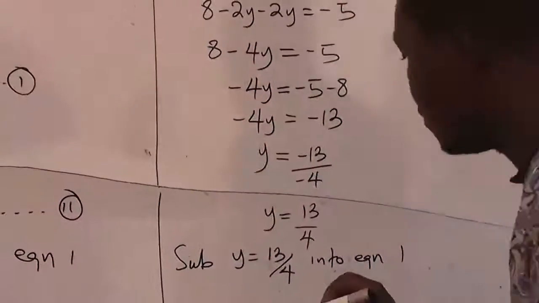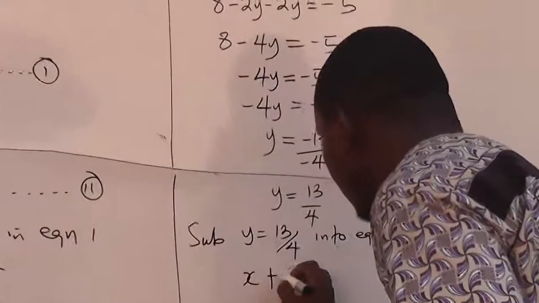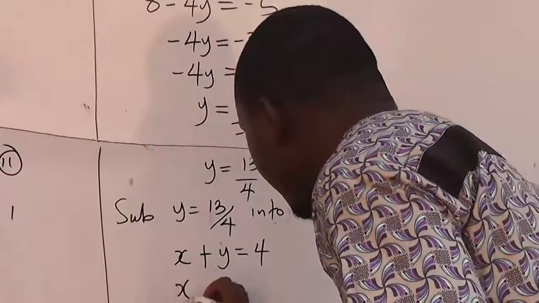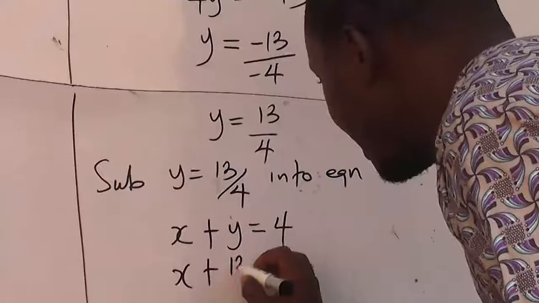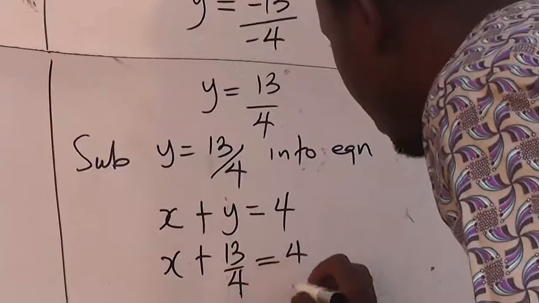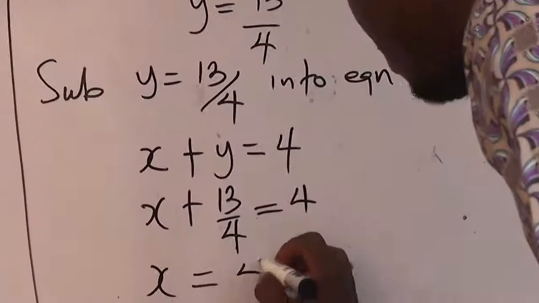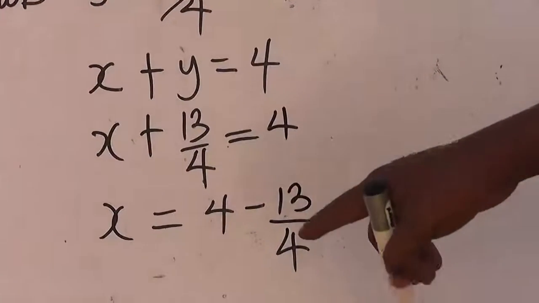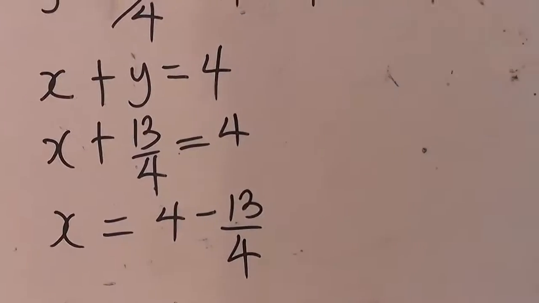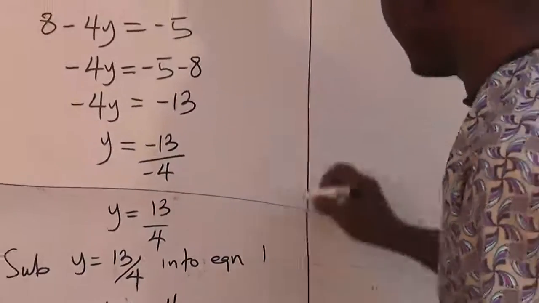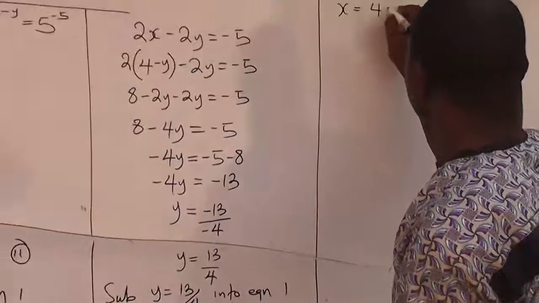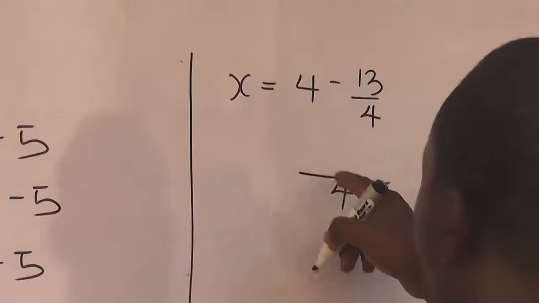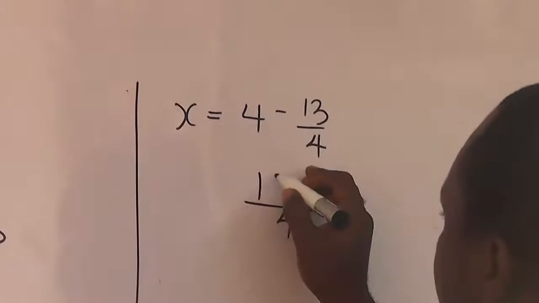If you recall, our equation 1 is x plus y is equal to 4. So x plus the value of y, which is now 13 over 4, is equal to 4. So if you collect like terms, x will be equal to 4 minus 13 over 4. Now, the LCM of 1 and 4 is 4. 4 in 4 is 1, 1 times 4 is 4... 4 times 4 is 16.